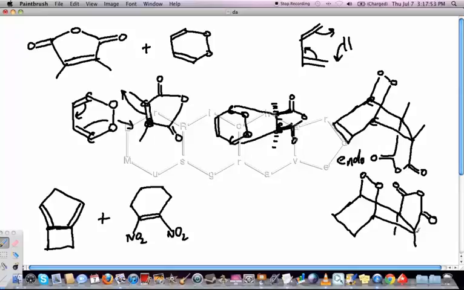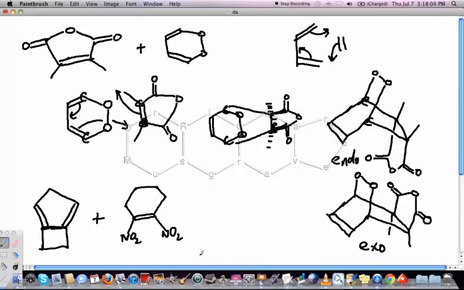And the methyl groups will be sticking down. We'll still have a double bond over here as well. And this one would be exo. Alright, so that's the endo and exo forms for that one. Let's take a look at the other one now.